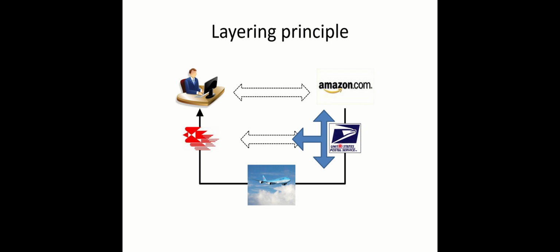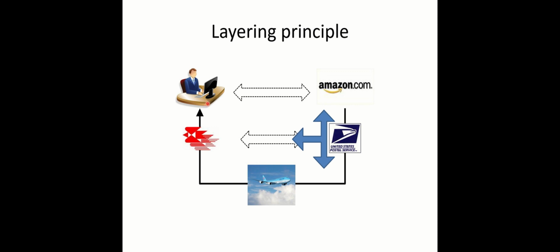It is not the United States Postal Service that appears at my door to deliver my book. Okay? It is, say, some airline that carries my book over the Pacific Ocean and arrives at Incheon Airport. And it's not Korean Airline that delivers the book to me. The Korean Airline gives the book to, say, Korean Postal Service. And that's why it's the Korean Postal Service that gives the book to me.